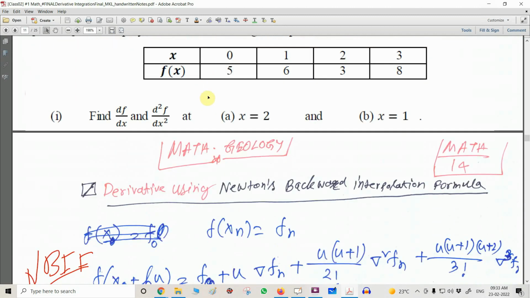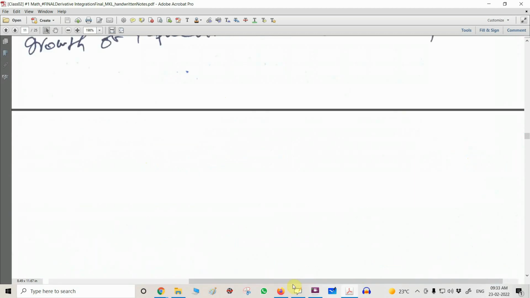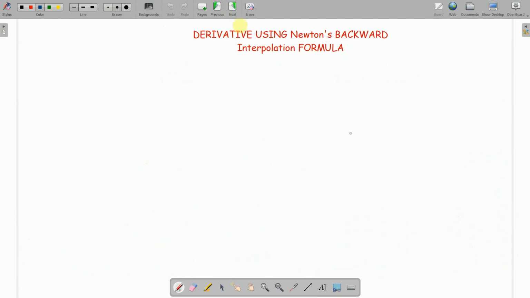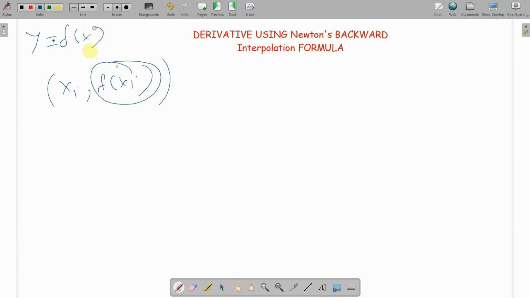So today we will be discussing the derivative using Newton's backward interpolation formula. How can you do that? Consider the data points xi, f(xi). Generally we consider y equals f(x), that means yi.